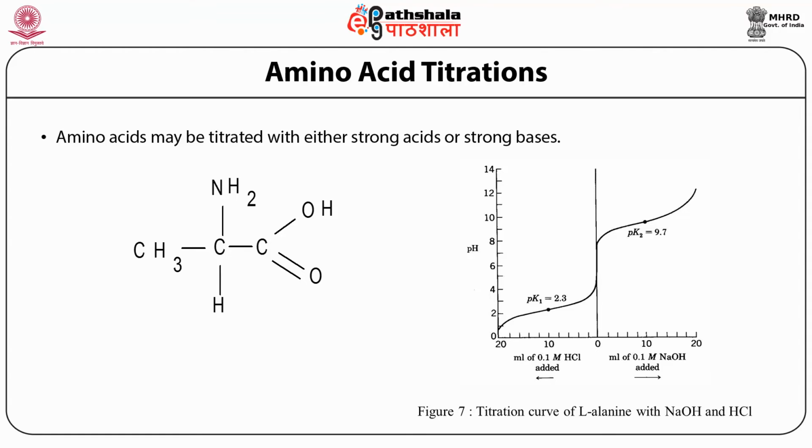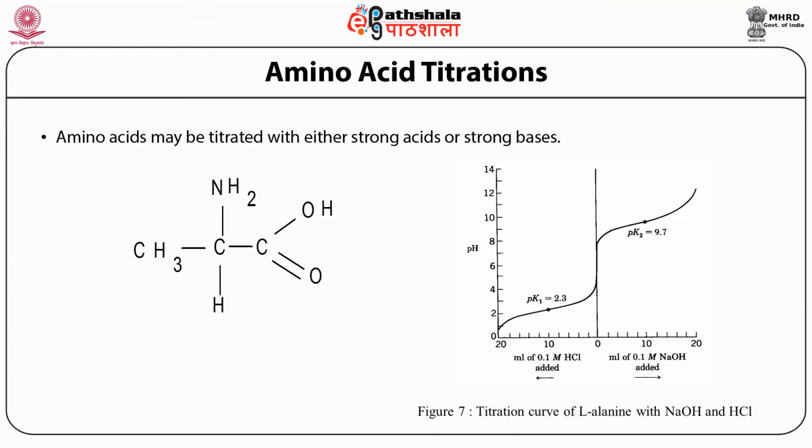In one case, pKa1 is 2.3 and in the other, pK2 is 9.7. As you can see here, with the two curves we can find out how titration is taking place, and why two reagents are required, because we could otherwise do it with one reagent.